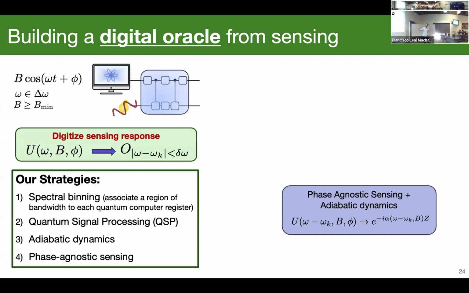And so you should think that you have N spins over here, and that you're able to interact them with the quantum computer. How are you frequency tuning these? I'll explain that a little bit better later. It has to do a little bit with the way that we do this phase agnostic sensing, but hopefully it becomes a little bit clearer. That's a good question. Any other questions?